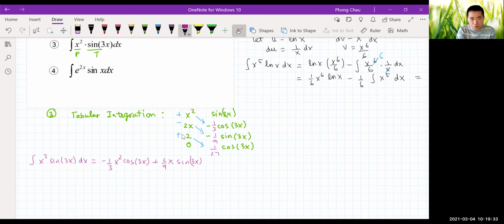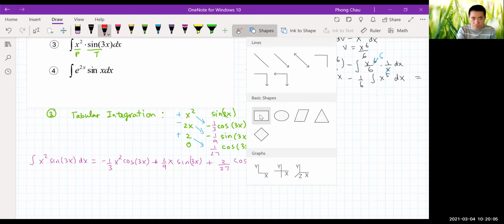And then plus 2 times 1 over 27, that's 2 over 27 cosine of 3x. And eventually, plus the constant. So that will give the final answer for this problem.